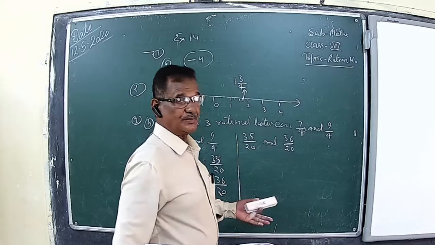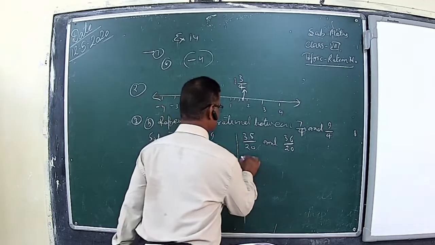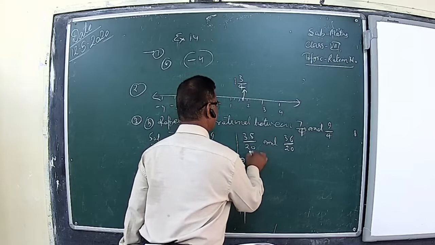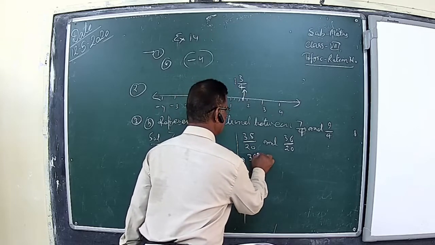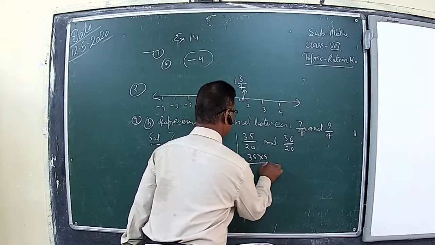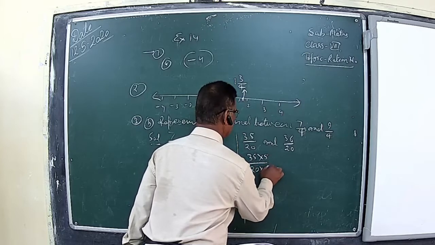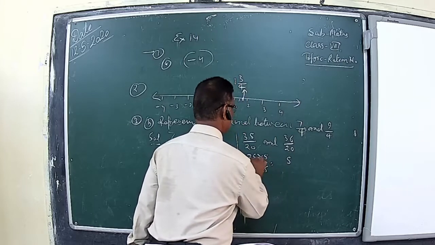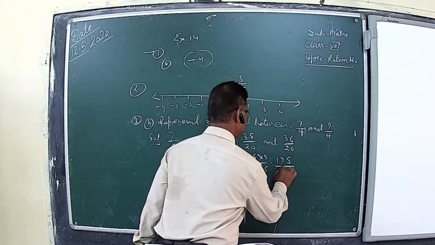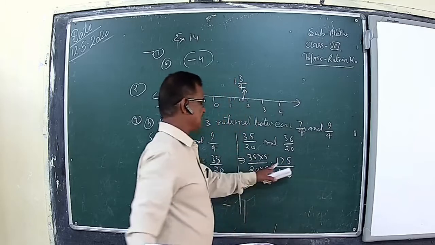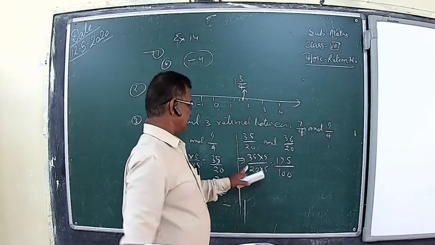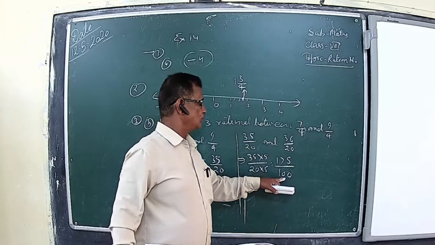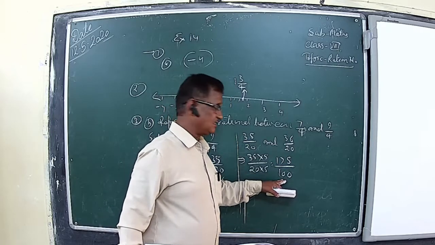So change into bigger equivalent rational numbers, that is multiply by 5 again: 35 into 5, 20 into 5 is equal to 175 by 100. This rational number is changed into an equivalent rational number whose denominator is 100.